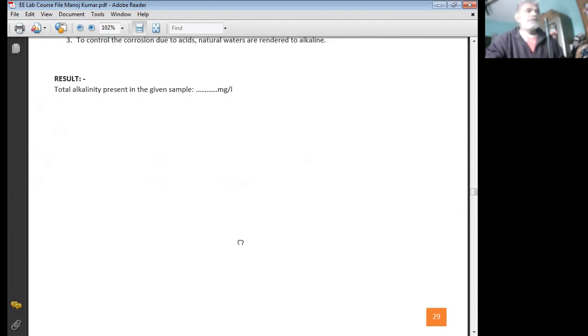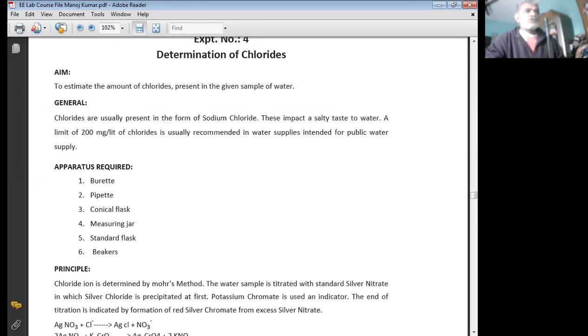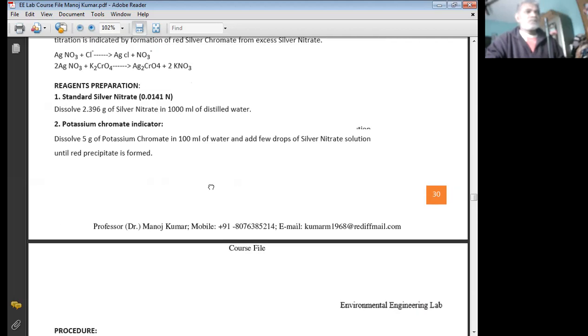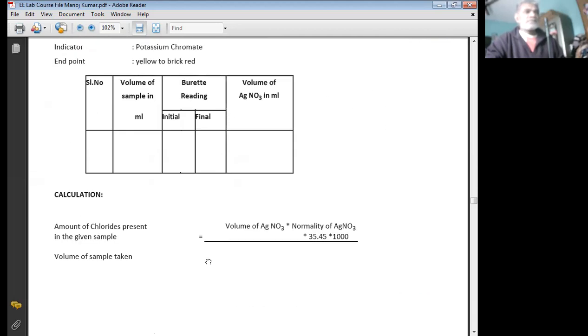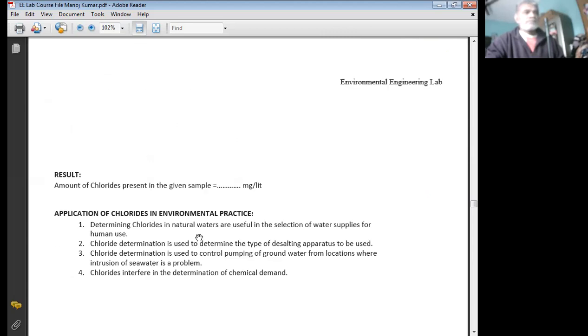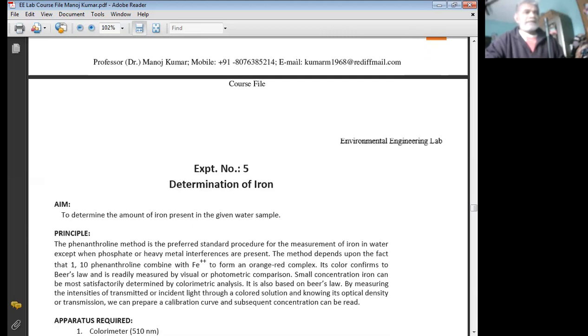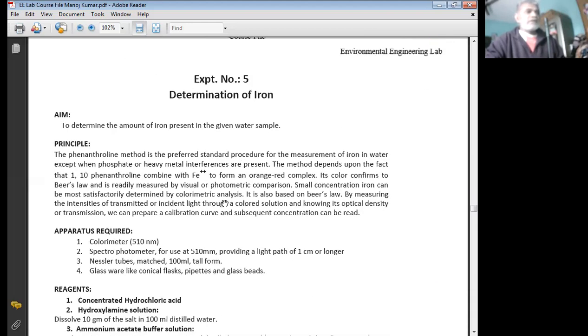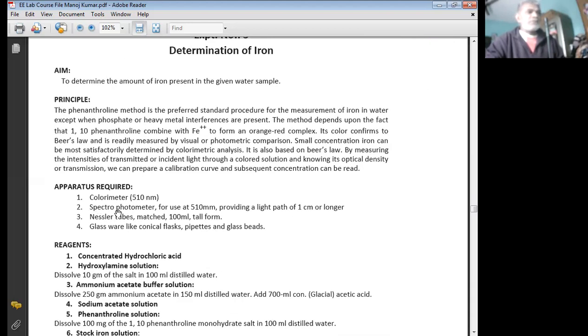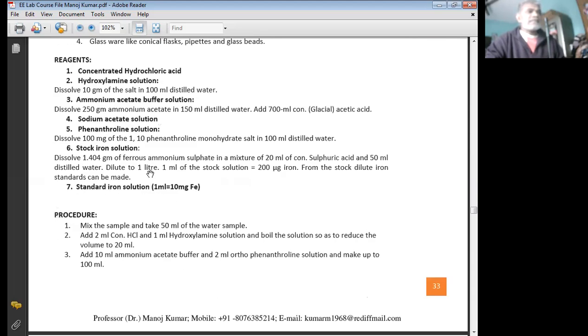This is the manual: determination of chlorides, determination of iron in the given water sample. Apparatus are colorimeter, spectrophotometer, Nessler tubes, glassware, conical flask.